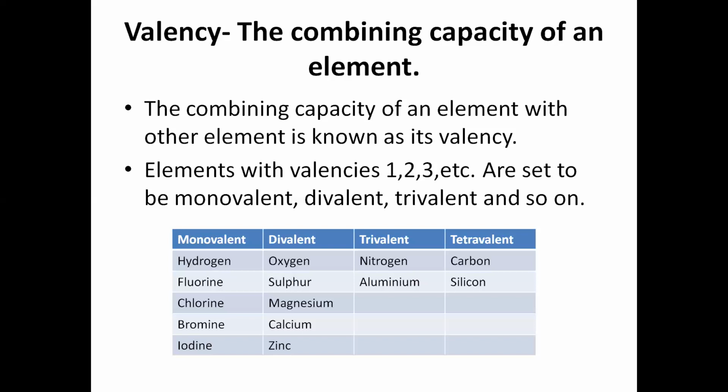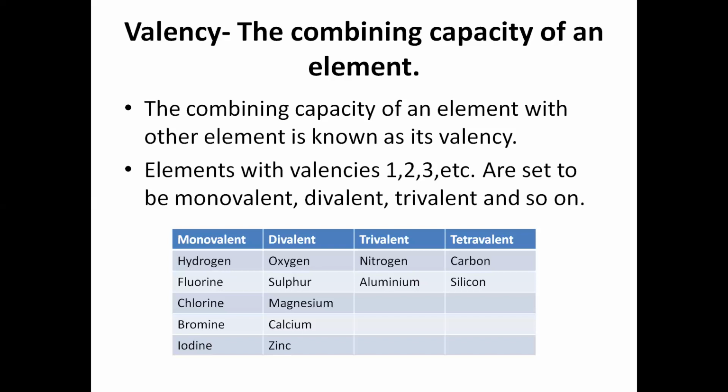Tetra means 4. The elements which have valency one are hydrogen, chlorine, bromine, and iodine.